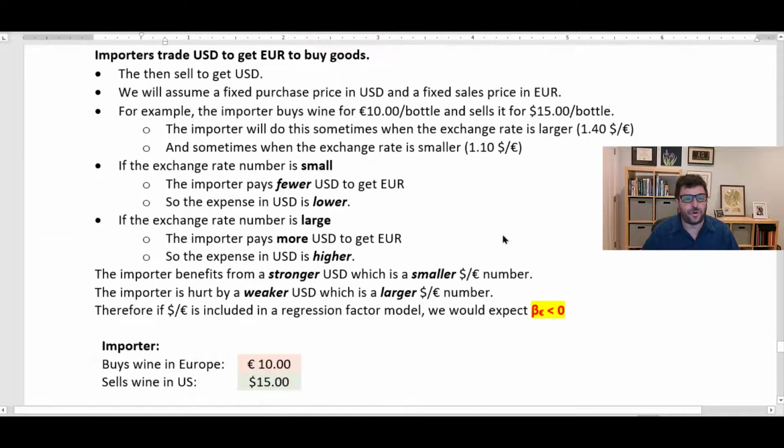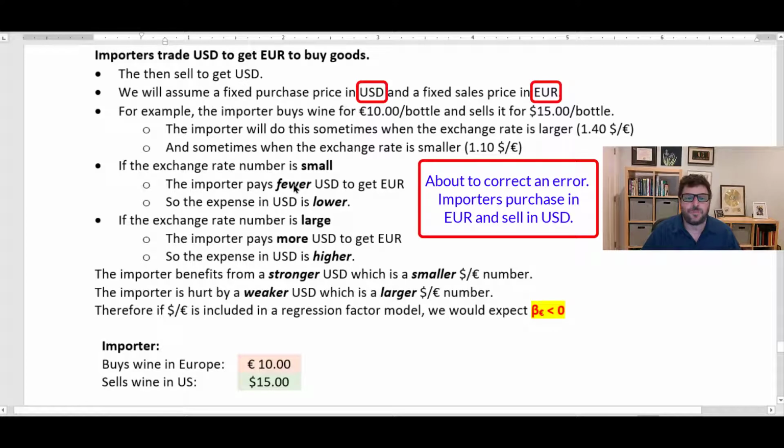An importer will trade US dollars to buy goods in euros and then sell those goods in US dollars. And again, we'll assume a fixed price. Just correcting a quick error: we will assume that the importer pays a fixed purchase price in euros and has a fixed sale price in US dollars.